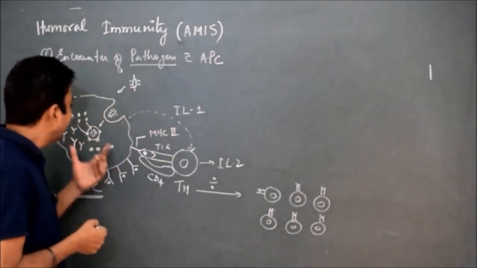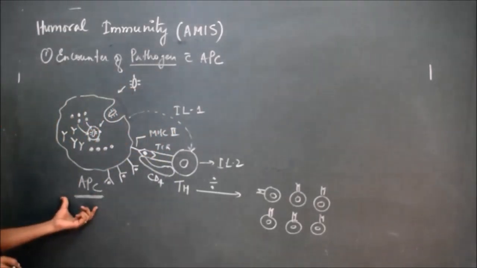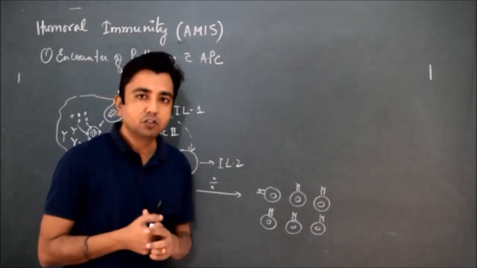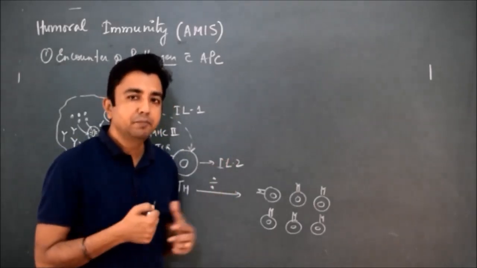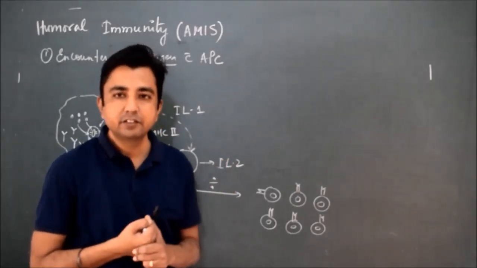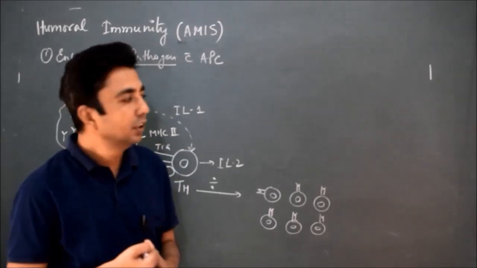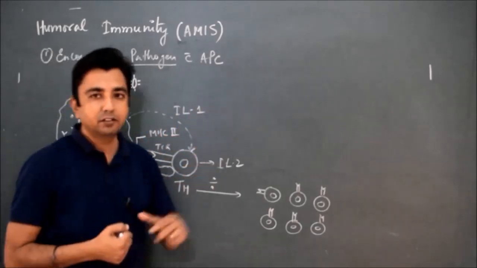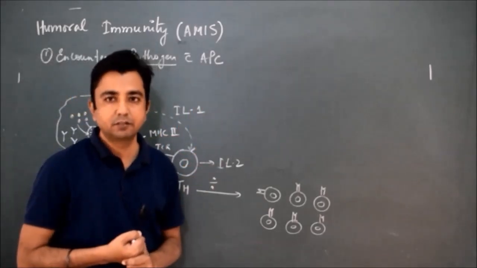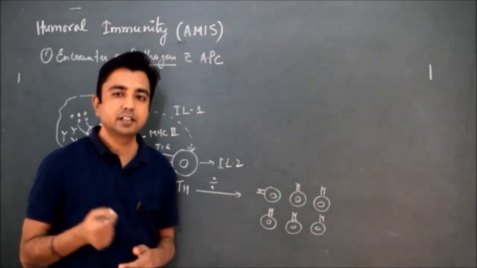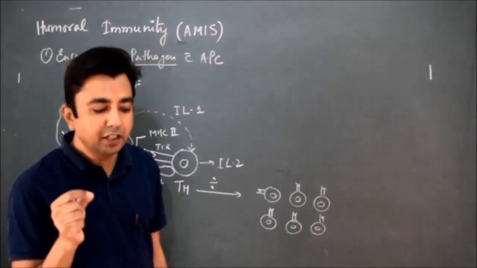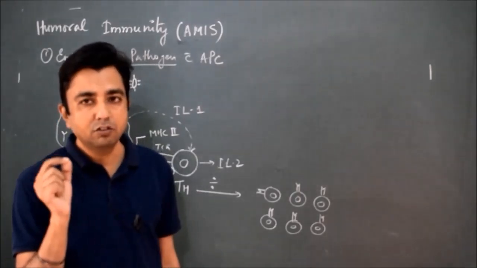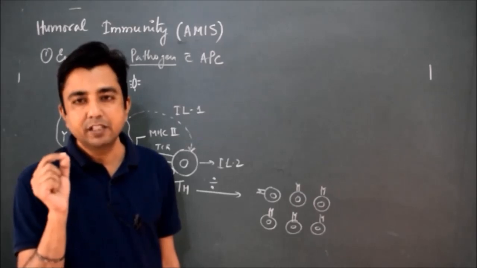So, like macrophage, B cells will also behave like antigen presenting cells. So whatever happened here will also happen with the B cells. Means B cells will also contain MHC class 2 molecule.